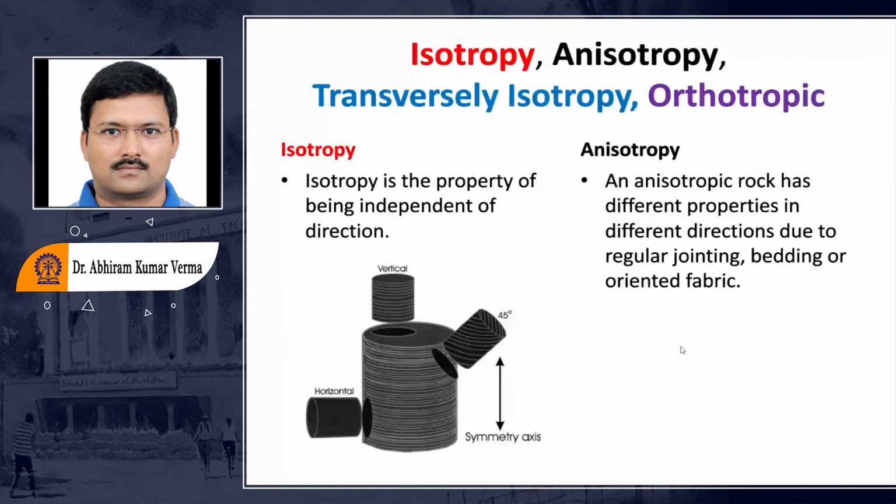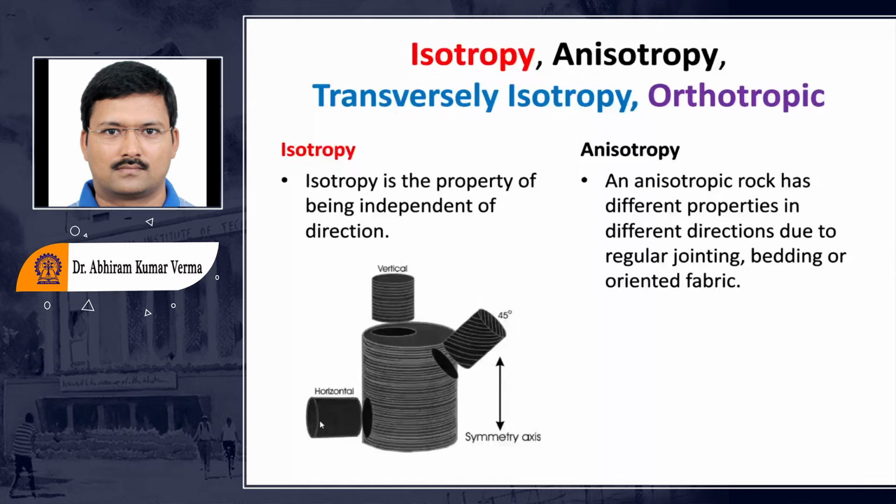Then we are talking about isotropy and anisotropy. Isotropy is a term we use to say that the material property is independent of the coordinates, independent of the directions. You can see one figure shown over here, in which a long cylinder is there, and we take samples at various directions.